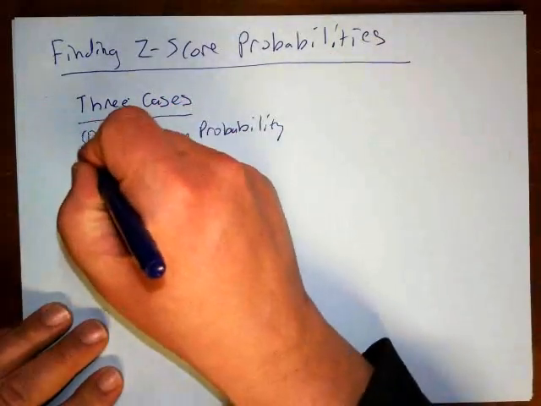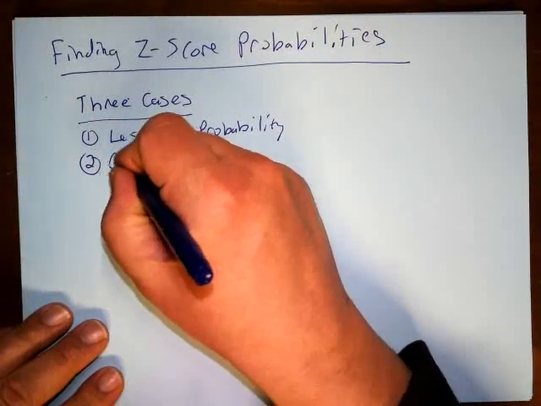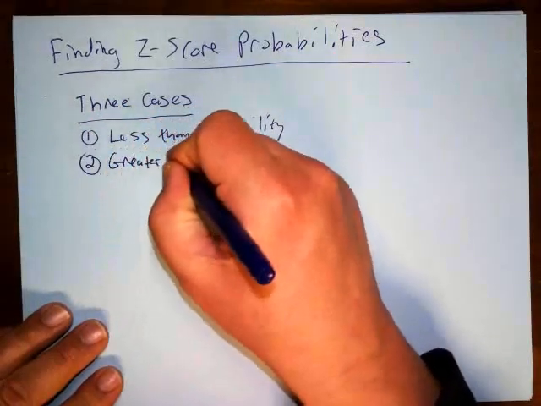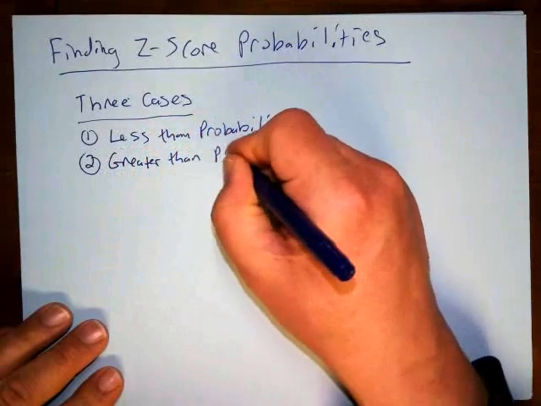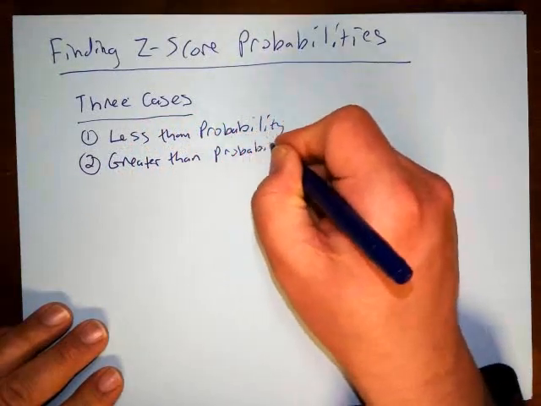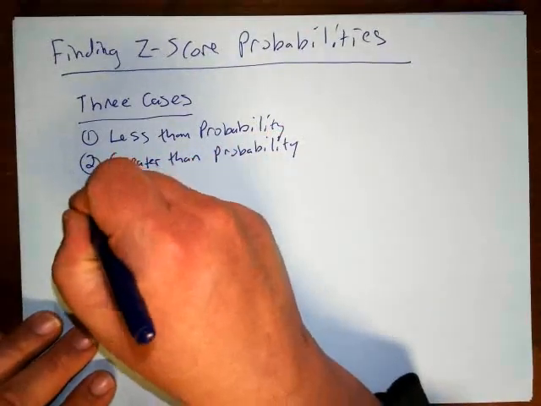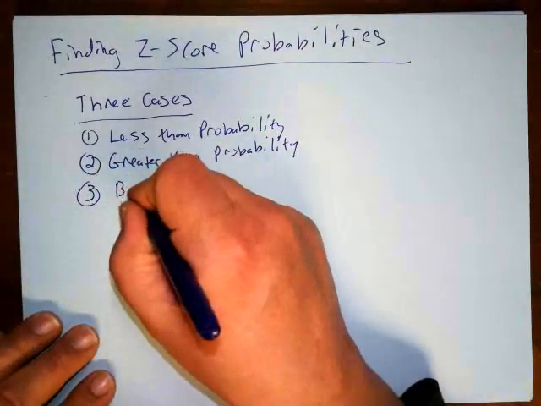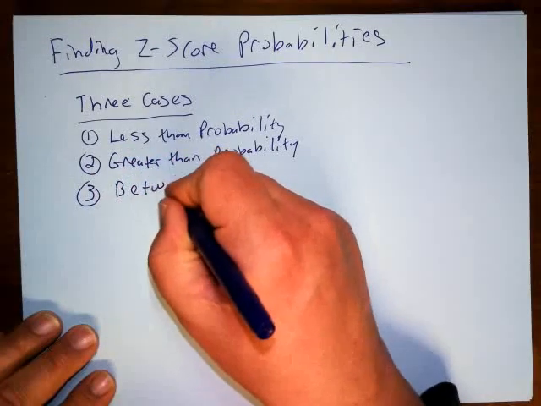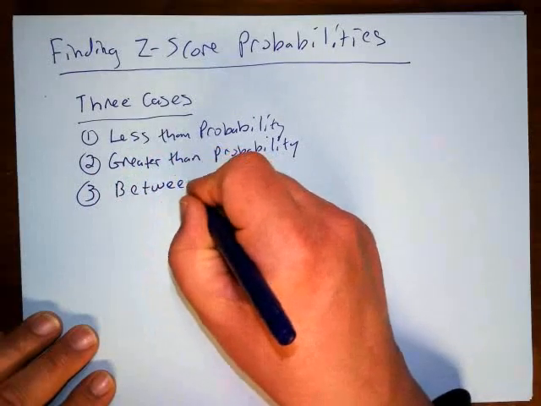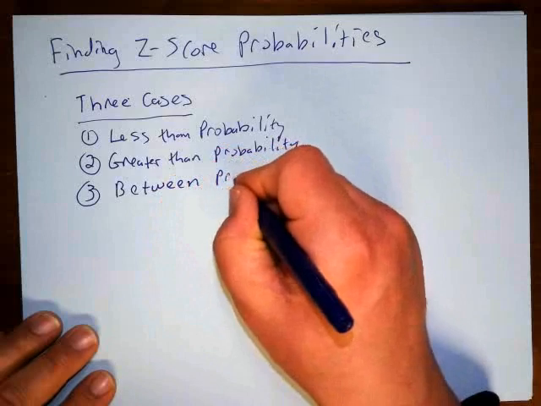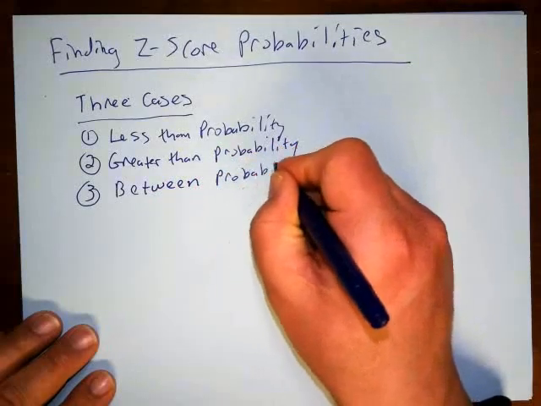The second case is a greater than probability. And the third case is a between probability.